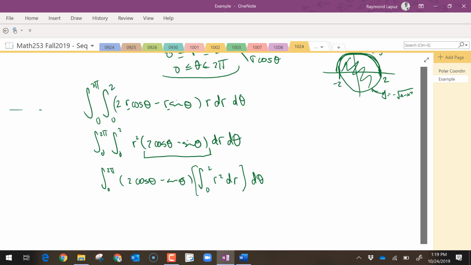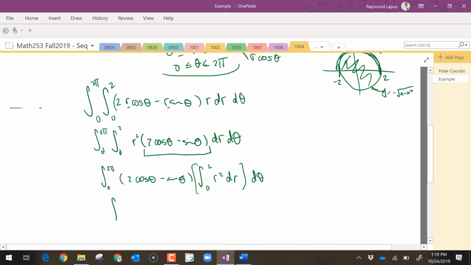And now, if I notice again, the thing that's in the square brackets does not have any thetas in it, right? It's independent of theta. In fact, if I were to do that integral, I'm just going to get a number, which is a constant. So this is constant with respect to theta. And well, you know what we do with constants, take it out.